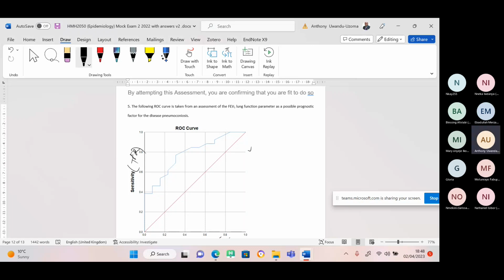Yes, correct. Anywhere along that line is 0.8. Okay. So my question is, given A as a point, what is the sensitivity and specificity at point A? So that's the question I'm asking you now.